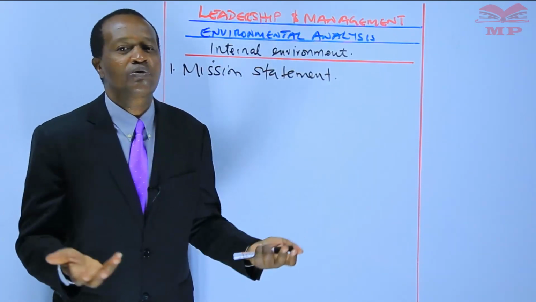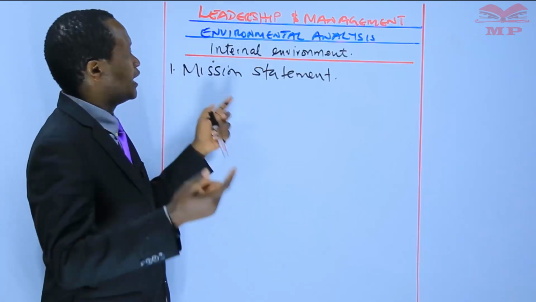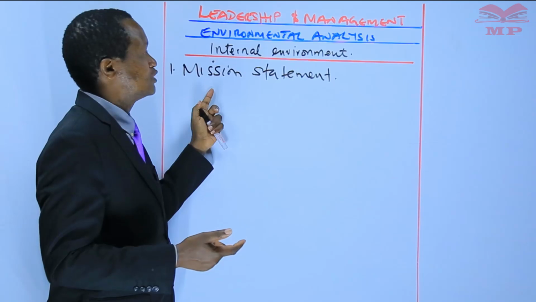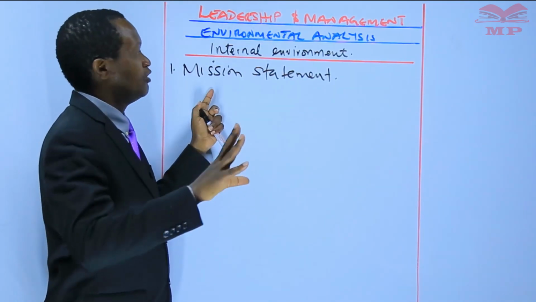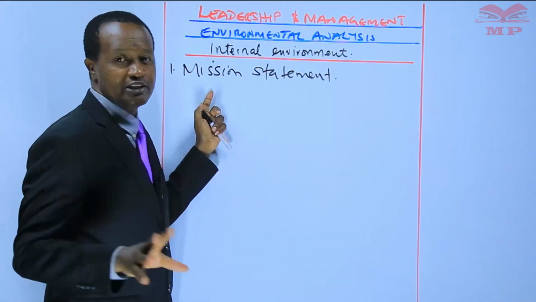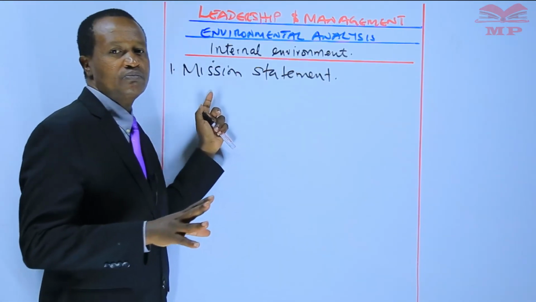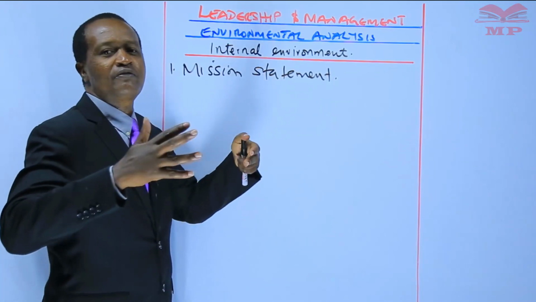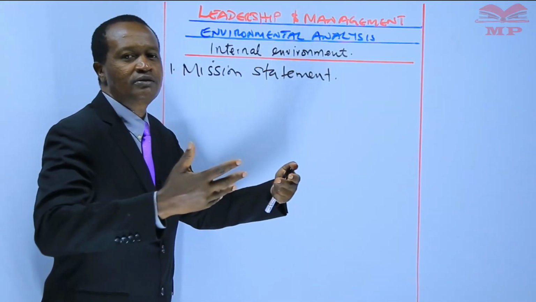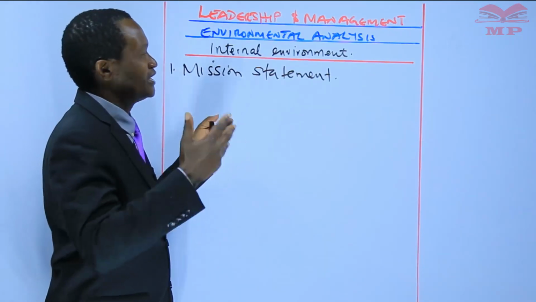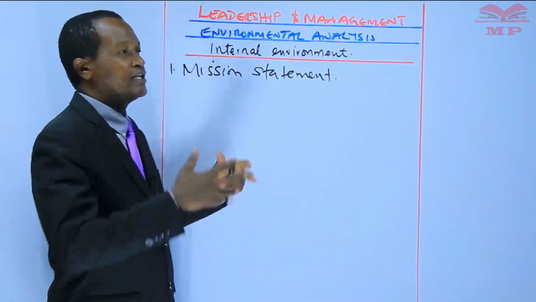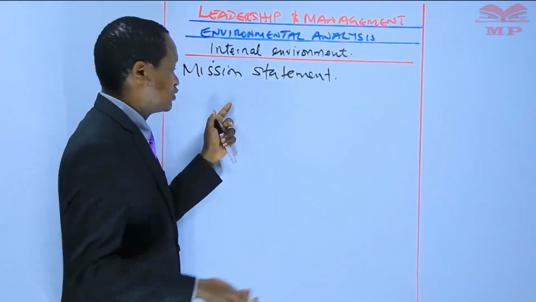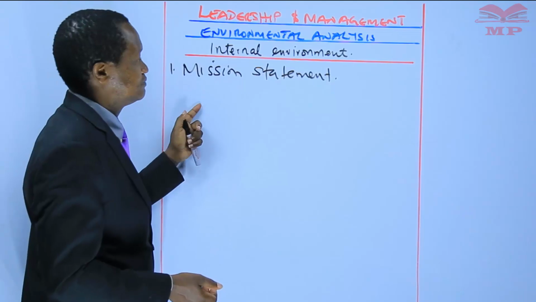What do we stand for, and so on. So a mission statement is one of the most important components of the internal environment of an organization. And effective mission statements lead to effective efforts. If a company has an effective statement, then that statement helps the company achieve its purpose or vision, as the case may be.